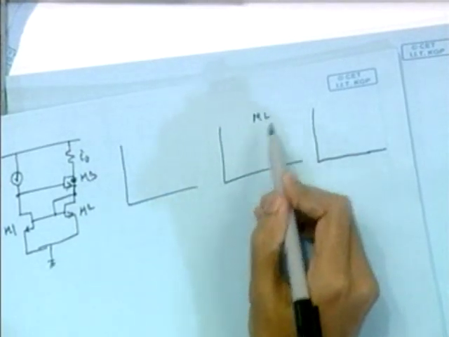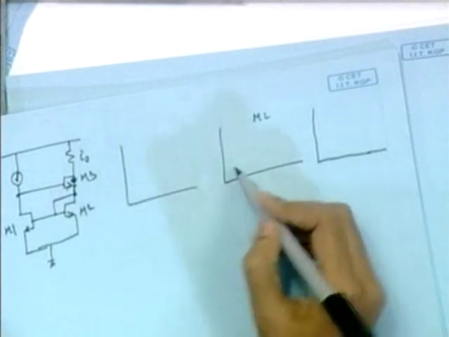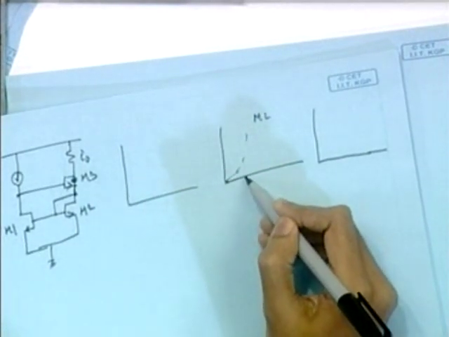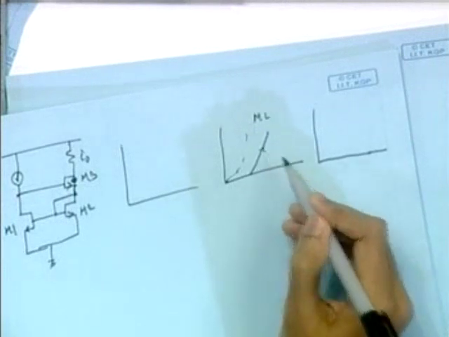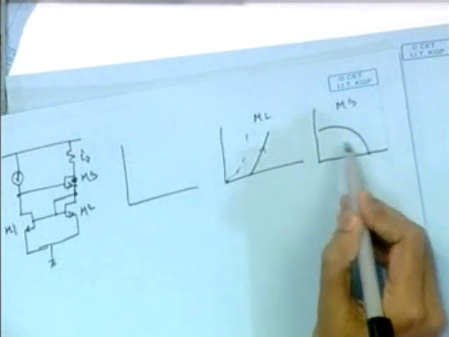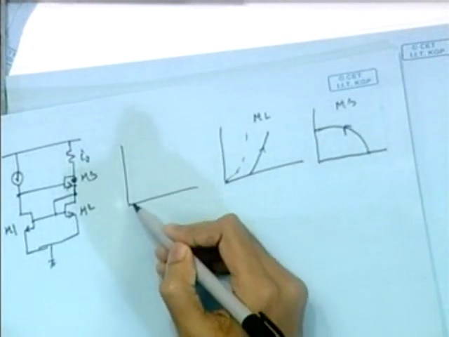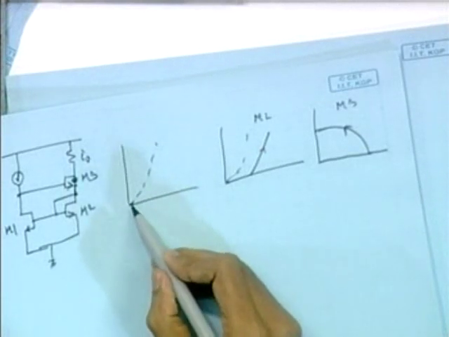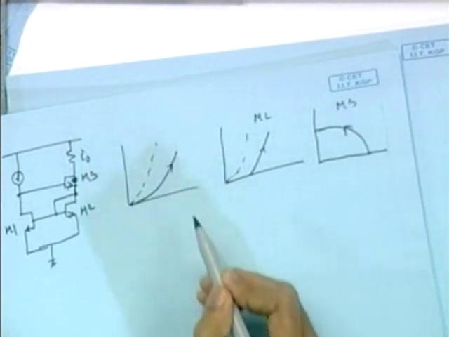Now first draw the M2 because it is diode connected, so it will always be in saturation. M2 starts from here. It will go there. For M3 it will be like this, and for M1 also it will start from VDS 0 and move along this.